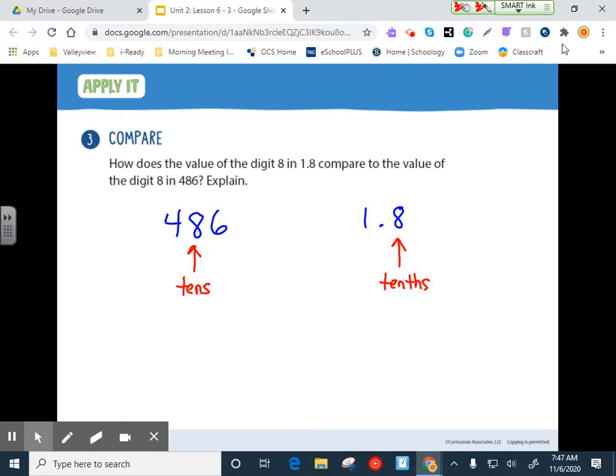So we're comparing the value of the 8 in both of these, and we're going to talk about it 2 different ways. So the 8 that's in this, the 8 tenths, since this is our tenths place here, that is 2 places away. So that means 8 tenths is 100 times bigger.